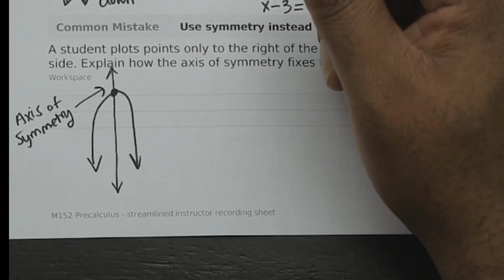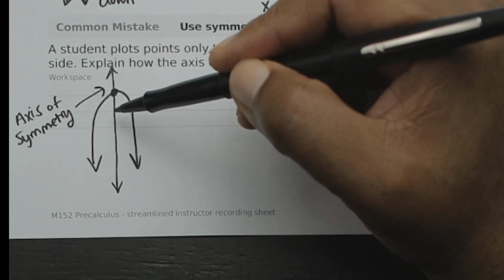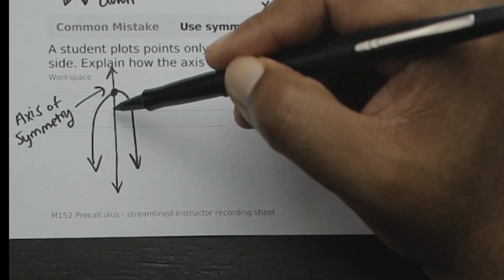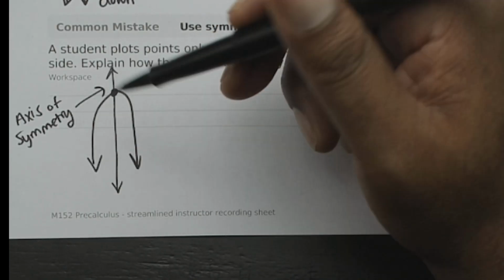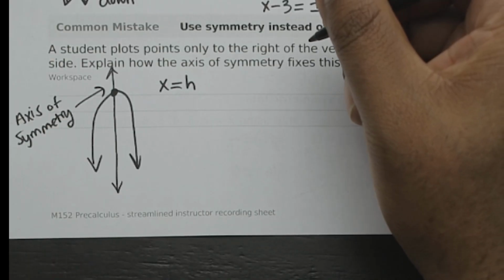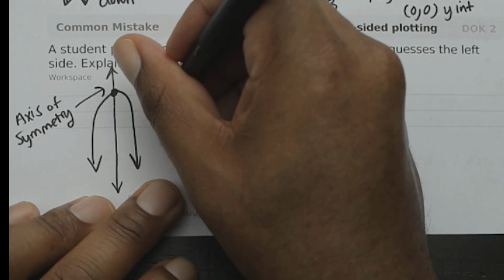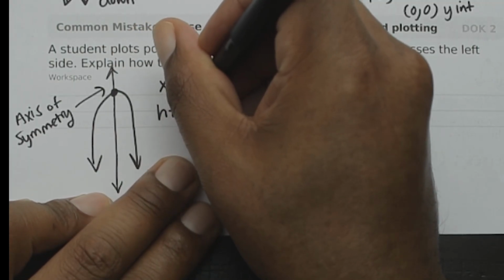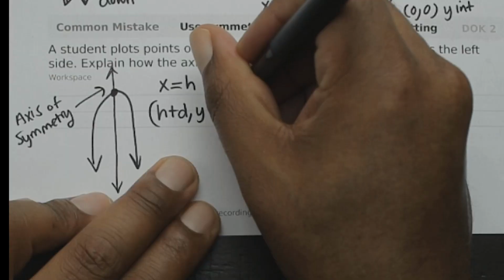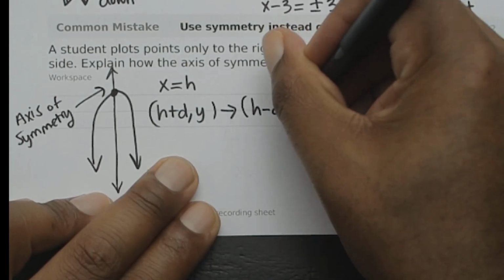Now, if a point is 2 units to the right of the axis, there is a matching point 2 units to the left of the axis, right? The axis of symmetry is x is equal to h, and the point pattern looks like this: if you have (h plus d, y), that corresponds to (h minus d, y).